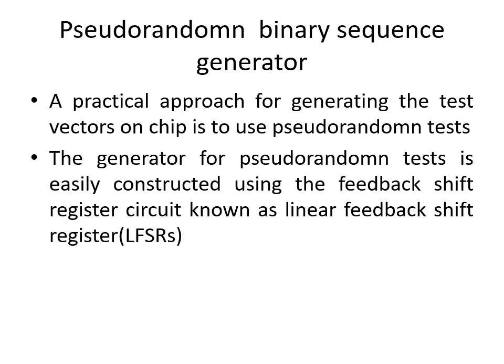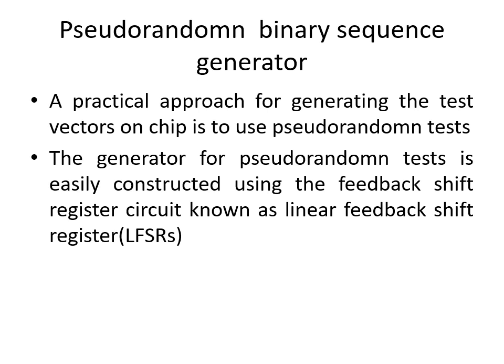Let us look into the working of the pseudo-random binary sequence generator. Here the pseudo-random signals need to be generated first. There are different ways to generate the pseudo-random signals. Here we will be using a linear feedback shift register in order to generate the sequences. So the practical approach for generating the test vectors on chip is to use pseudo-random test.